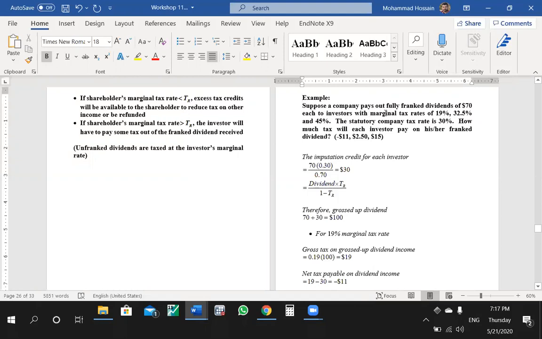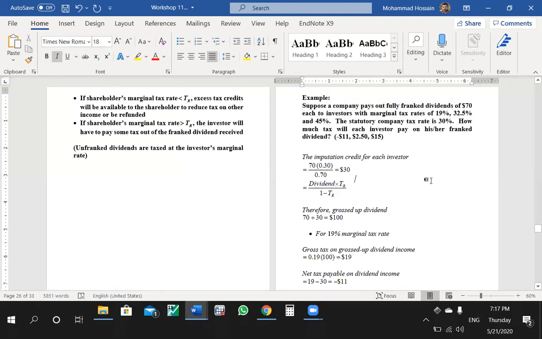There are three different types of investors. Marginal tax rate means individual income tax rate, and it depends on their income level. The first person is in the 19% tax bracket, the second person in the 32.5% tax bracket, and the third person in the 45% tax bracket.